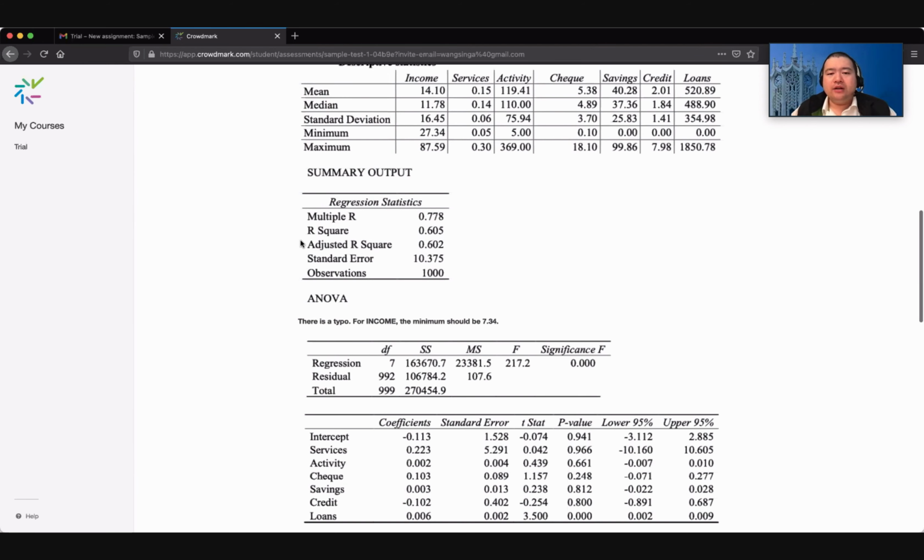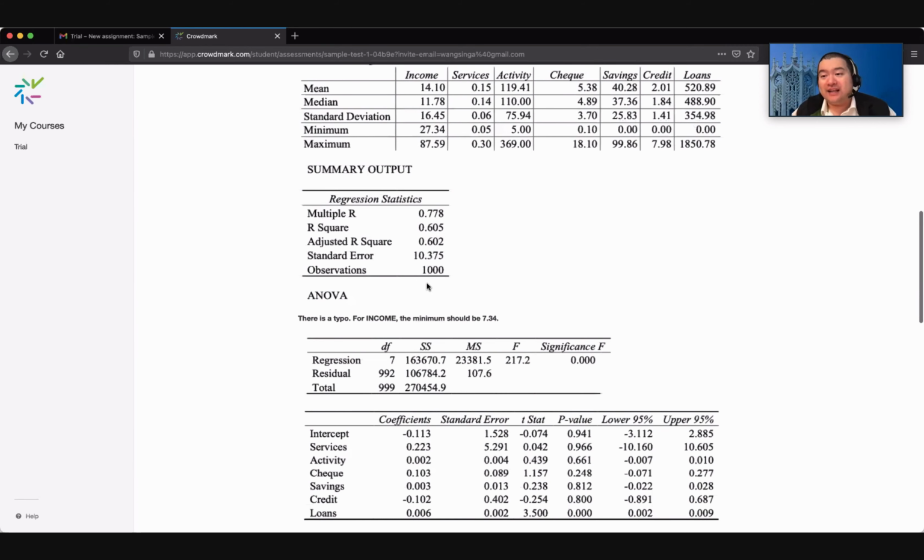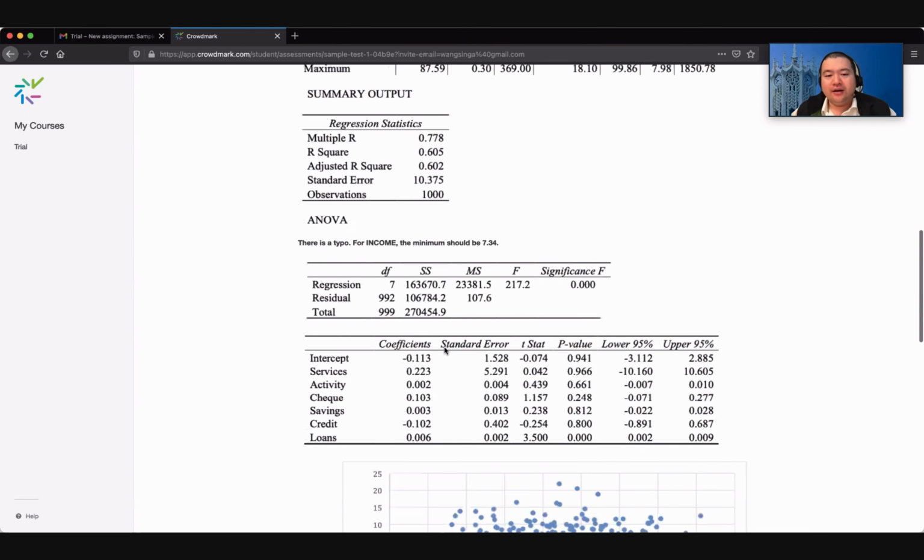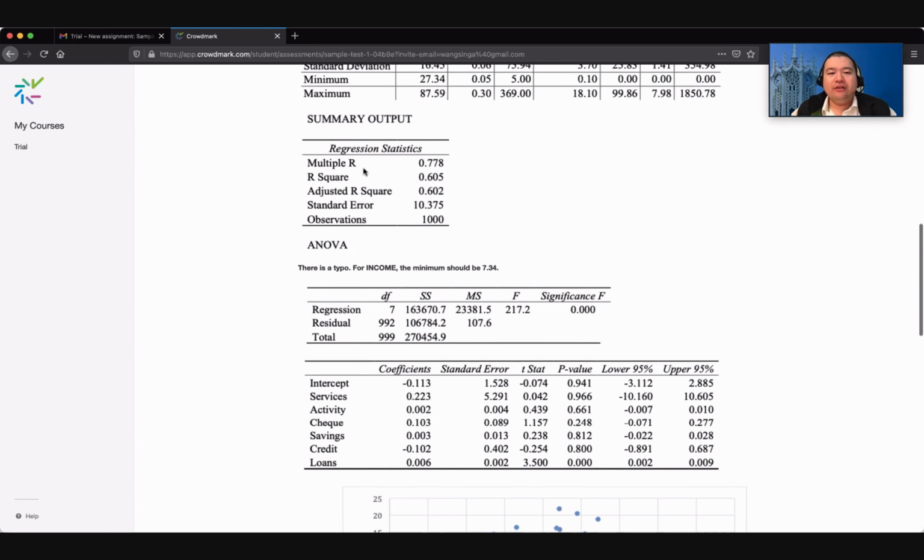So now, because mock test 1 is mainly about the final test, that's why we just discussed the regression first. Okay, so here you can see the multiple R, and what does it mean? The multiple R shows how all of your independent variables are correlated with your dependent variable on average.